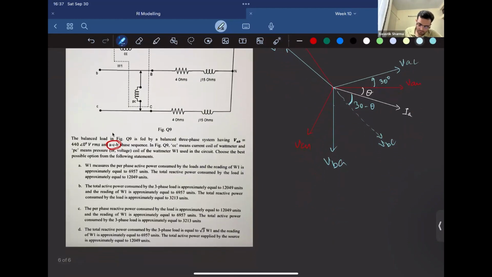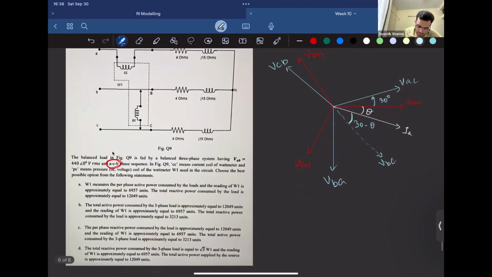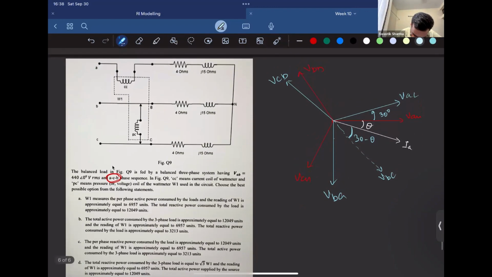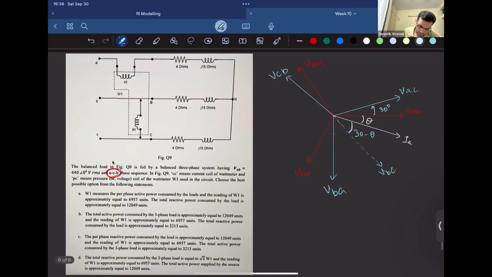So that means the wattmeter one reading is nothing but VBC magnitude times IA magnitude times cos of 30 degrees minus theta.